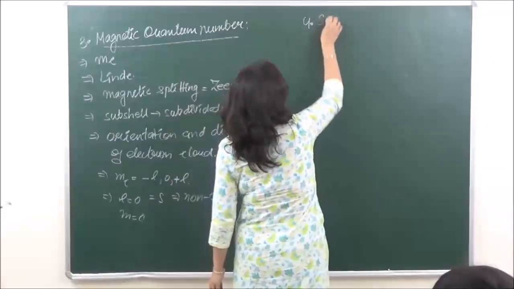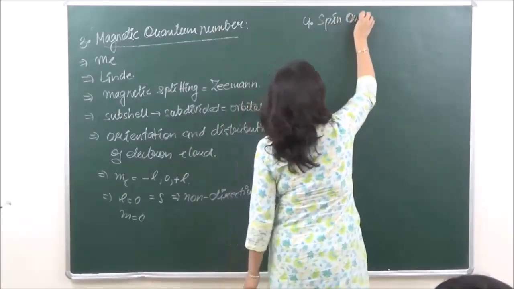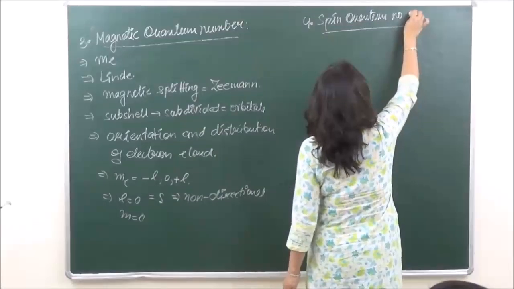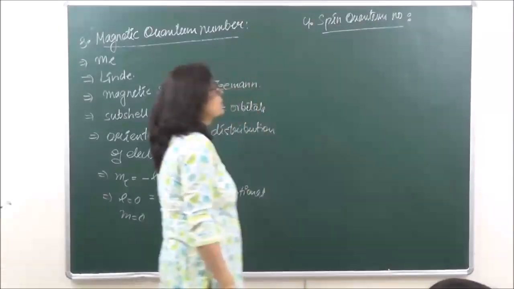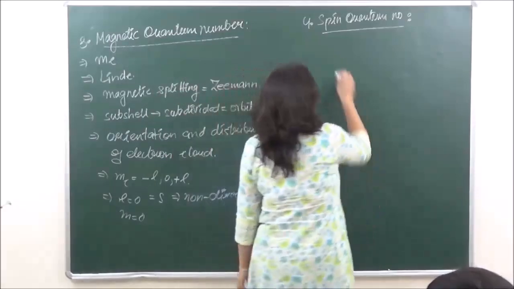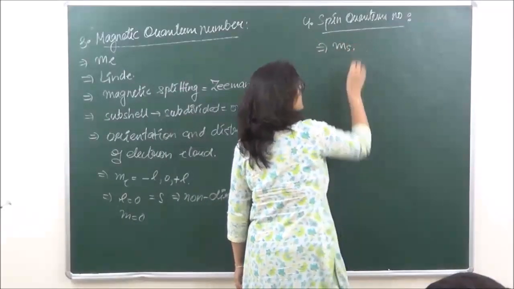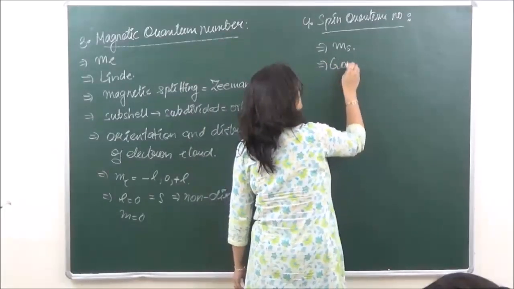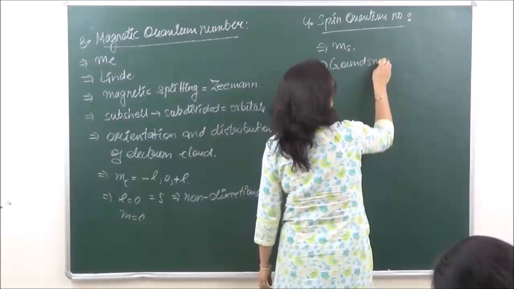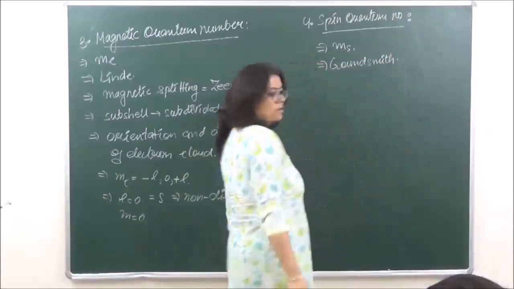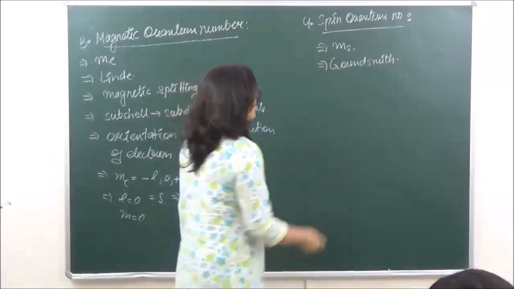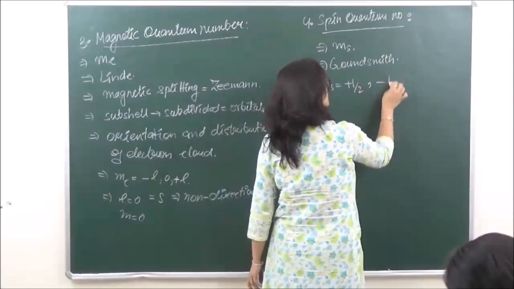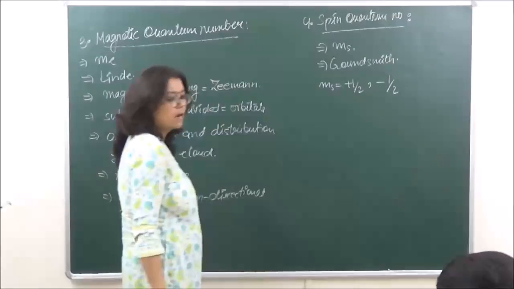Okay. Then the last quantum number which we are going to discuss over here is the spin quantum number. The spin quantum number is denoted by ms, and it was proposed by Uhlenbeck and Goudsmit. The spin quantum number can have only two values, plus half and minus half.